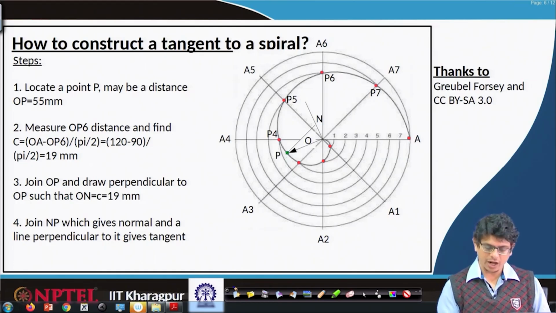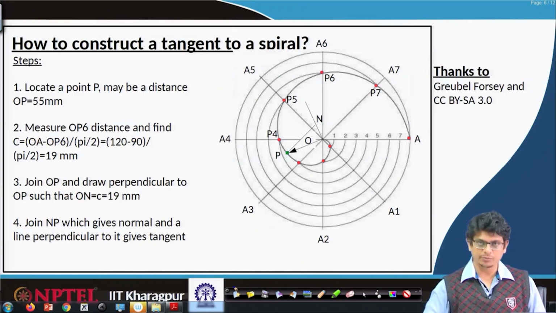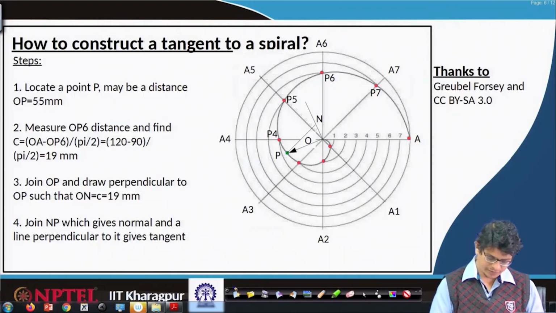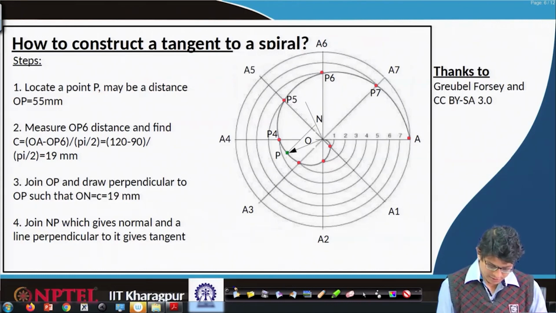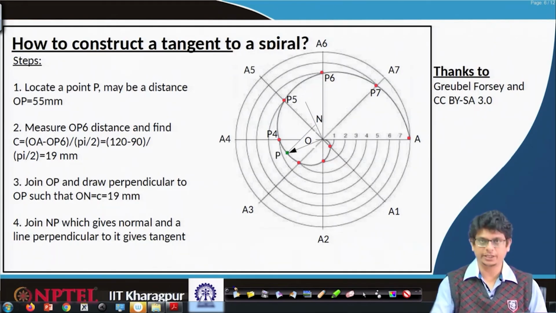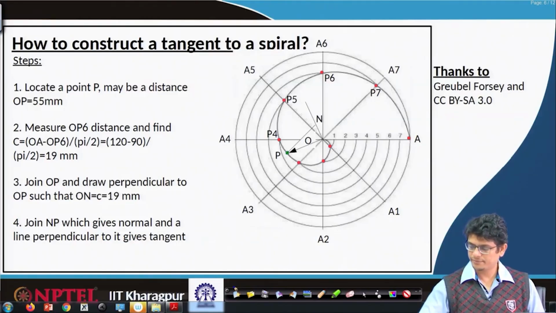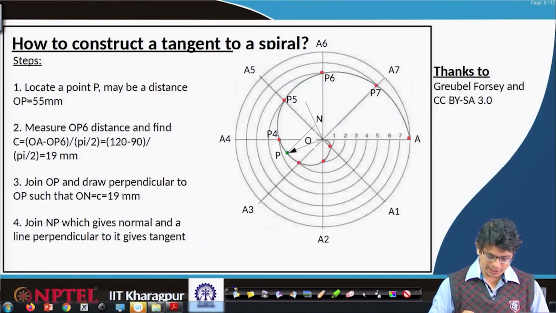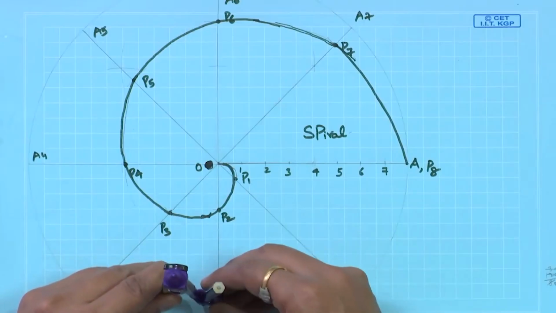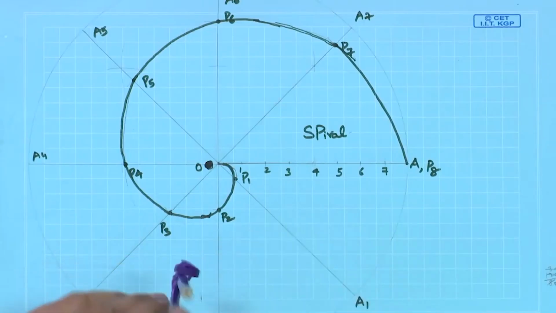On the sheet we have already drawn a spiral. So, let us measure 19 mm on this sheet. So, 0 is this and 19 is there on the drawing sheet. This will be 19 mm.